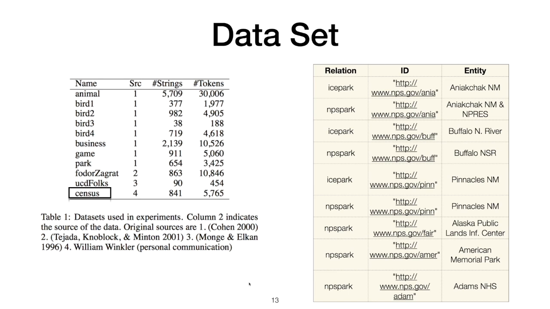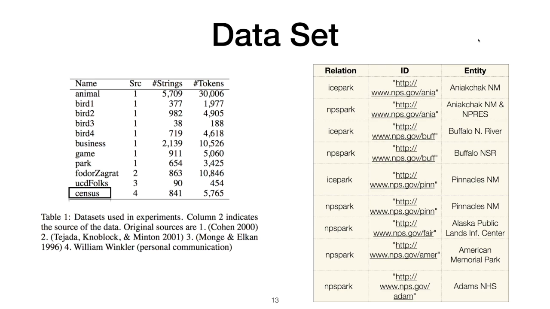The datasets they used: they have used 11 different datasets from various sources, and most of the datasets contain lines of entity names like shown in the right table here. The first column is the relation from which this example comes, and the second column is the ID of this entity, in this case the URL.